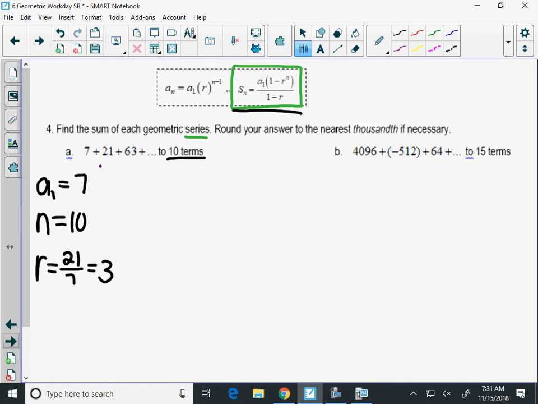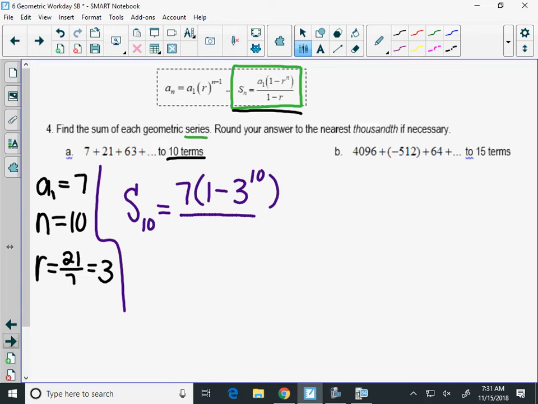Now I take all those pieces of information and put them into that formula. I'm trying to find the sum of 10 terms here. I start with a sub 1, which is 7. Now in parentheses, I take 1 minus my common ratio of 3 raised to the 10th power. The denominator is 1 minus my common ratio again.